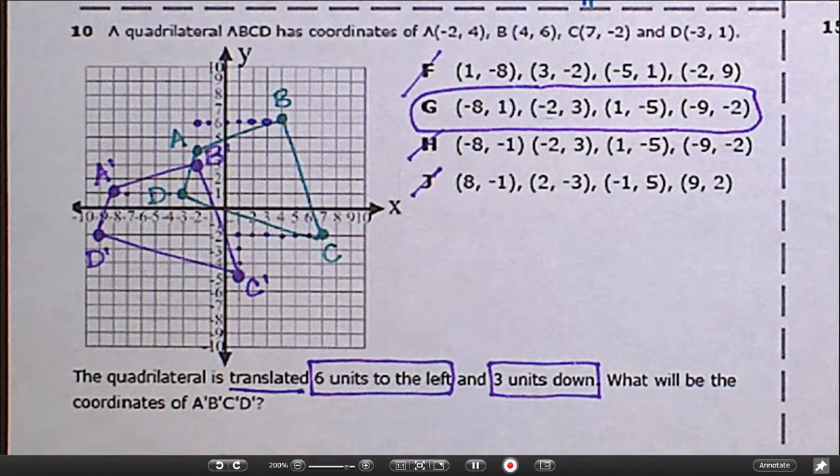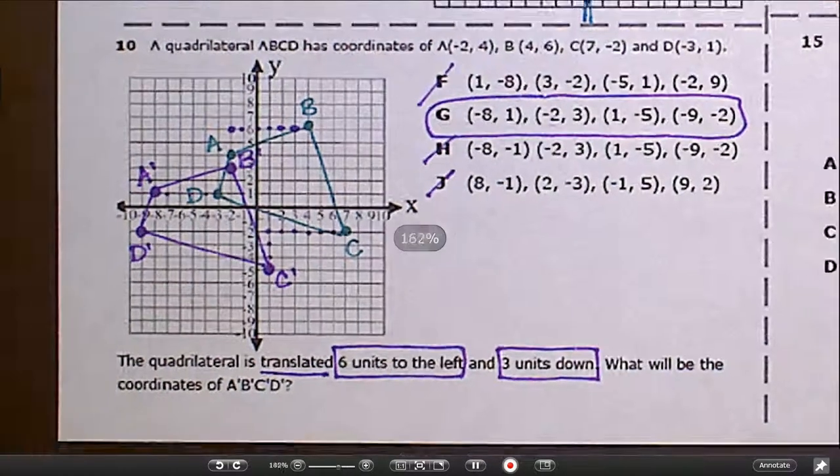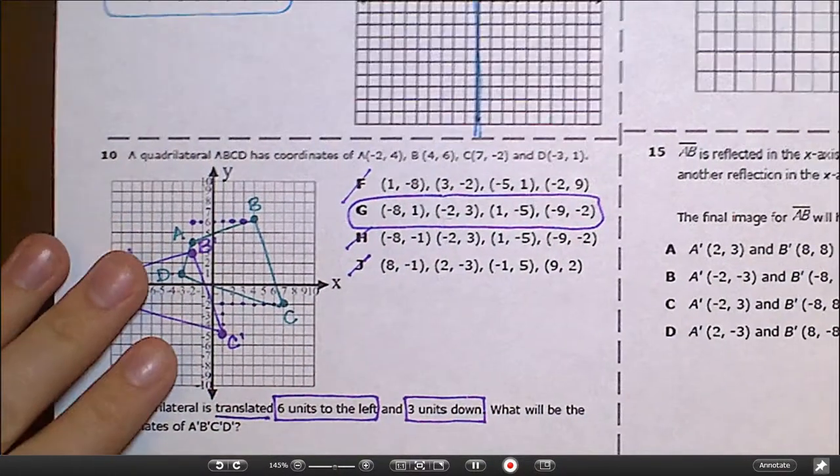On number 9, you're going to do the same thing we did here. You're going to show the original points, so graph those and combine them to make your figure. And then you're translating it 5 units to the left and 2 units up. So show how you move each point. And then off to the side, we can write A, B, C, D. So here's what that should look like. Let's go ahead and zoom this out a little bit.